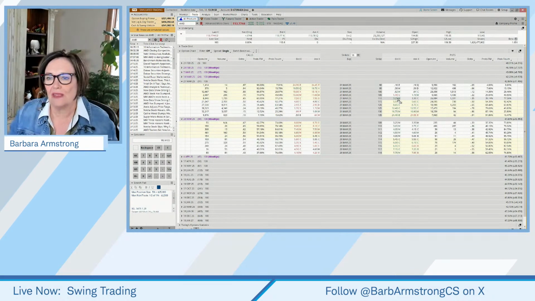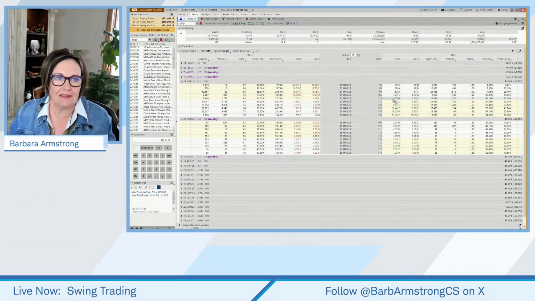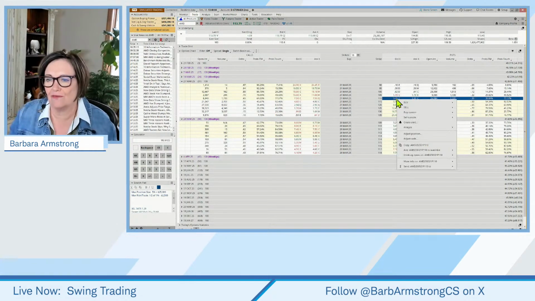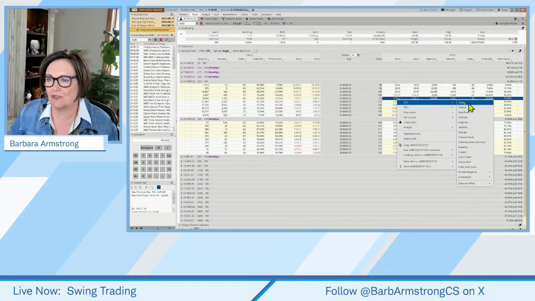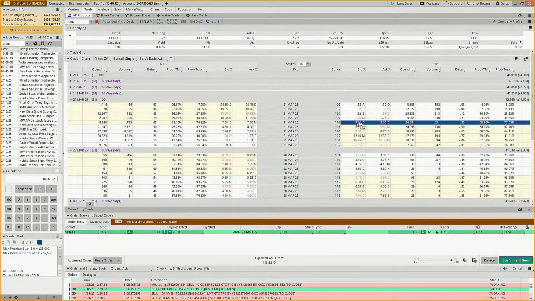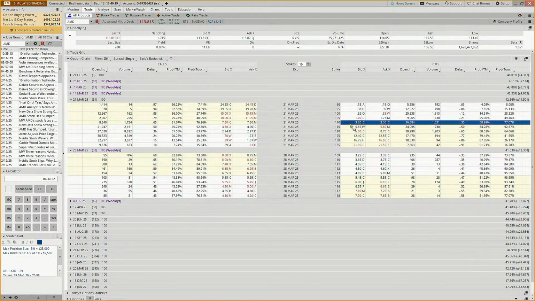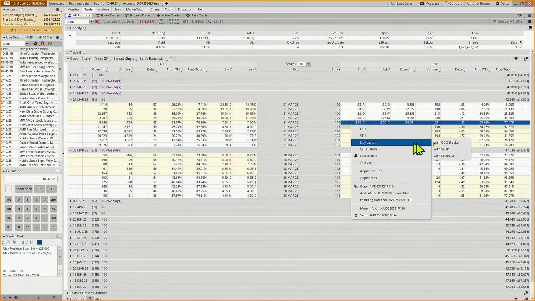Okay, so we are going to buy, and in a $500,000 account, we could afford to trade a couple of these, but let's say we're just going to do our single here. This is a swing trade, so we come in here. We are going to buy custom with an OCO bracket, and we're going to put in both our target and our stop.